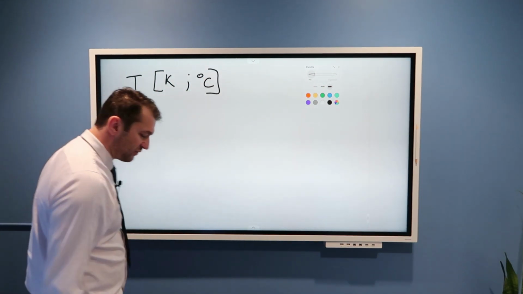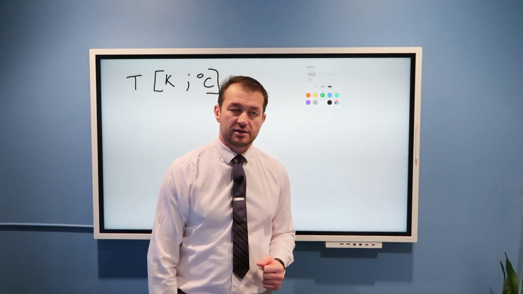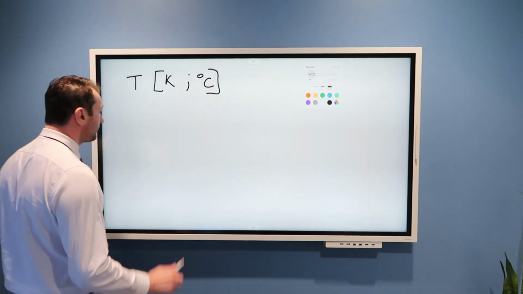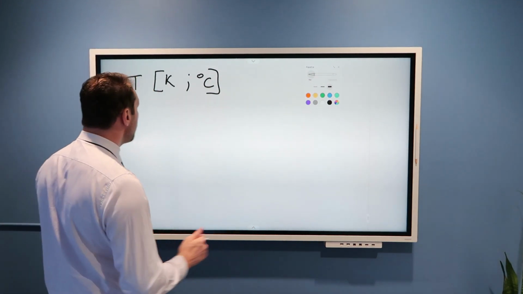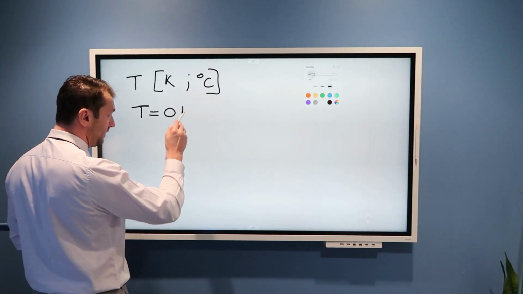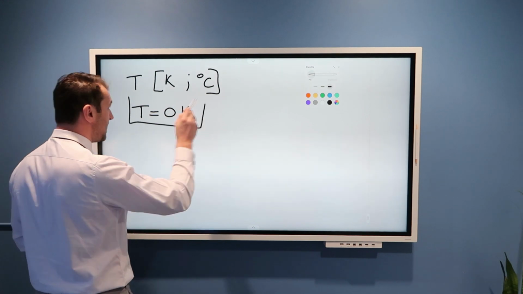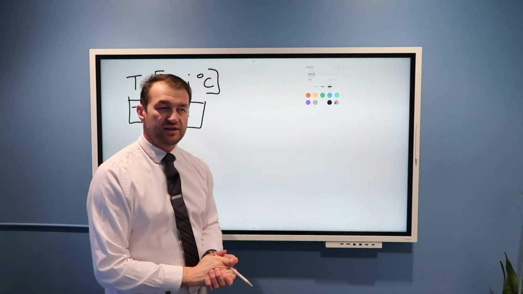In the United States of America they use Fahrenheit, but I will not use Fahrenheit in this playlist. Kelvin is the absolute scale of temperature. Temperature of 0 Kelvin is also known as absolute zero. We cannot achieve temperature lower than 0 kelvins.